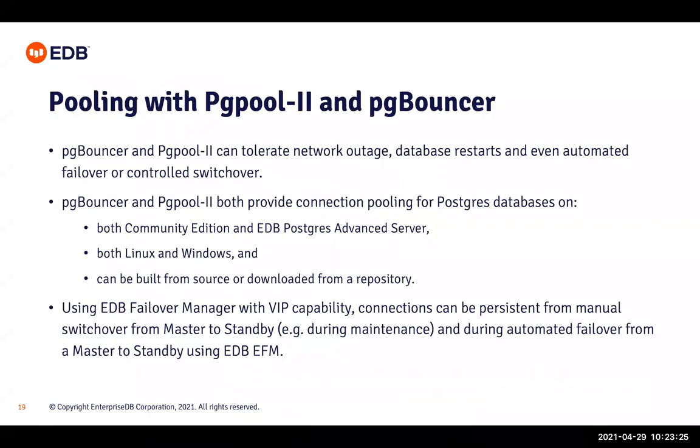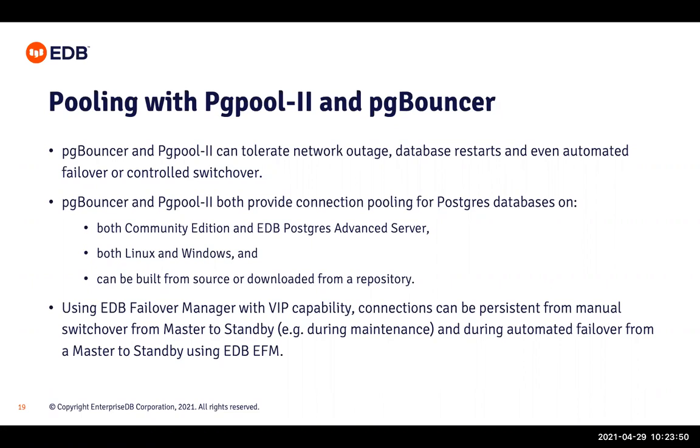So what are the conclusions? PG Bouncer and PG Pool 2 both can tolerate network outages, database restarts, and even automated failover and controlled switchover. PG Bouncer and PG Pool 2 both provide connection pooling for Postgres databases on community and EDB advanced server. Both can be installed on Linux and Windows.